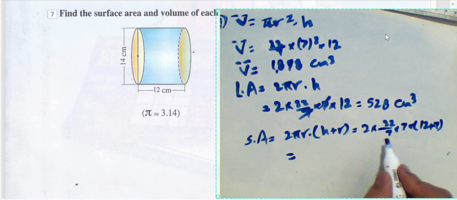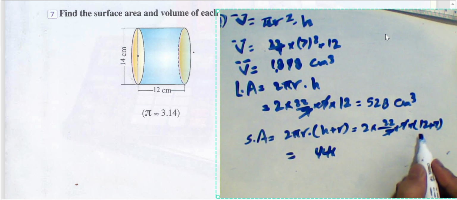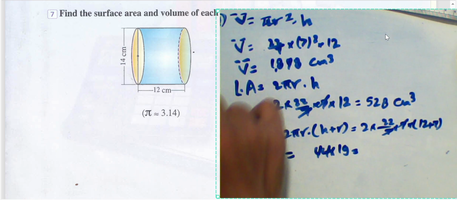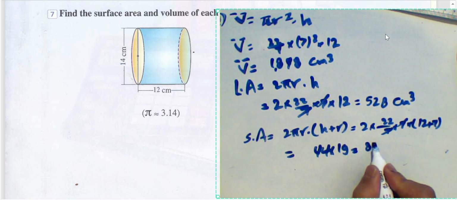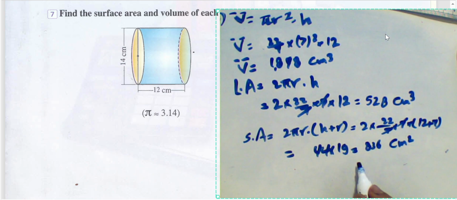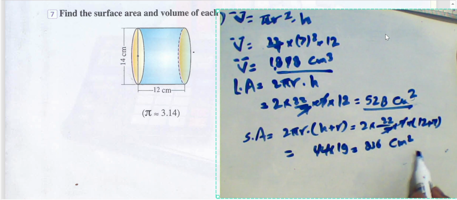Then we have 7 divided by 7 is 1, 2 times 22 is 44, times 12 plus 7 is 19. Then we have 44 times 19 equals 836 square centimeter. The volume, lateral area and surface area here, the surface area will be 836.